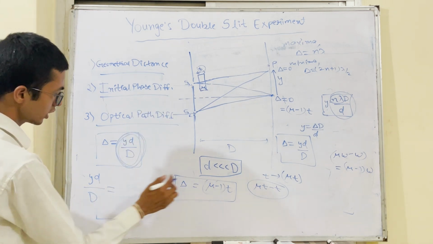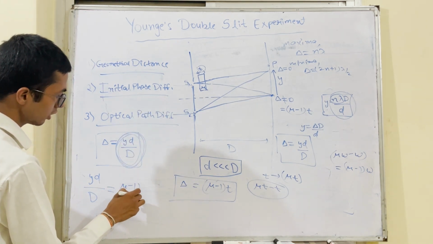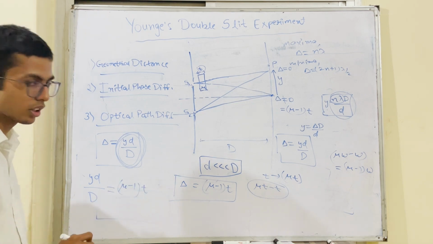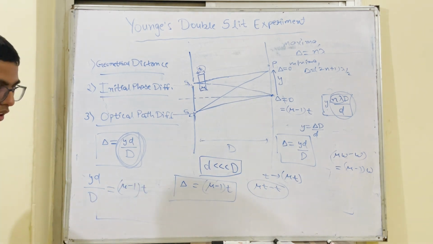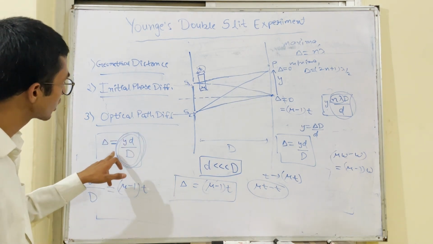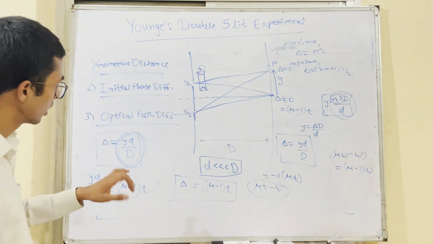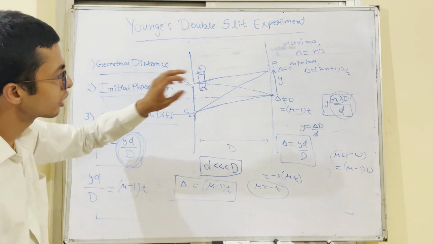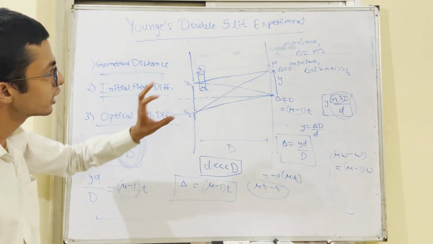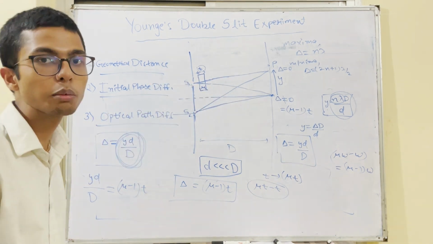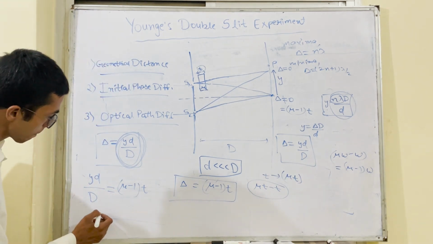So this is (mu minus 1) t. If this path difference caused by the geometrical distance and this path difference caused by the film cancel each other, then the path difference can become 0.